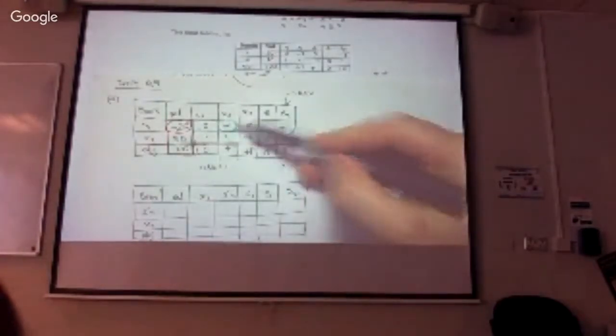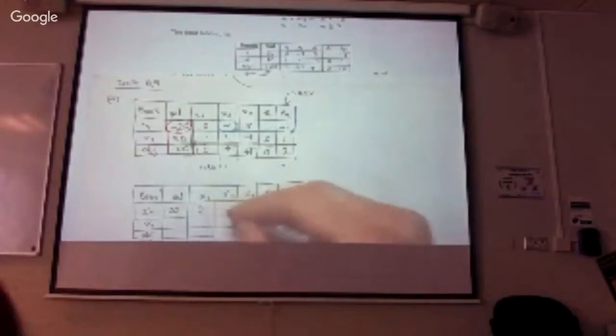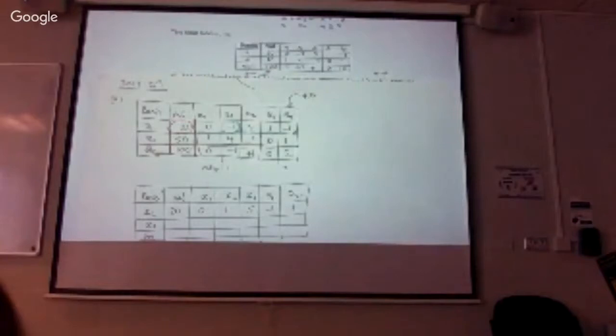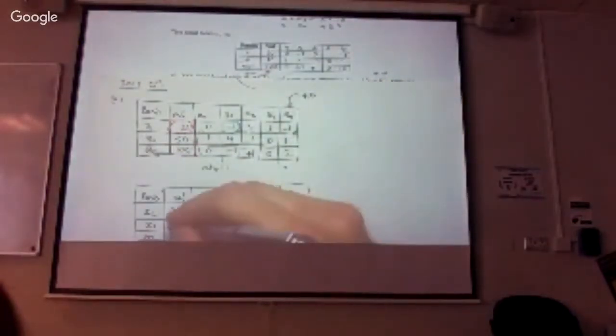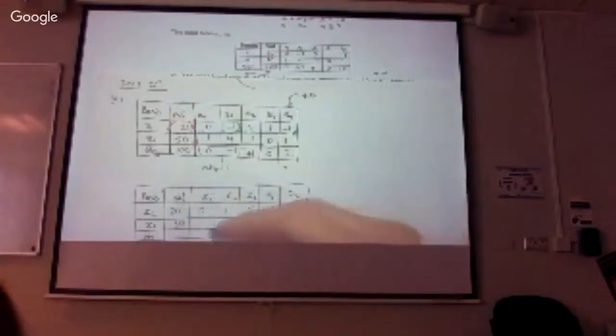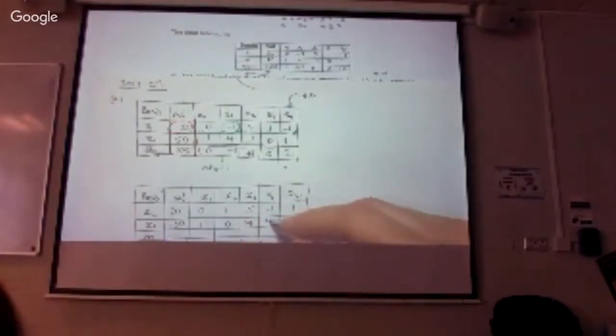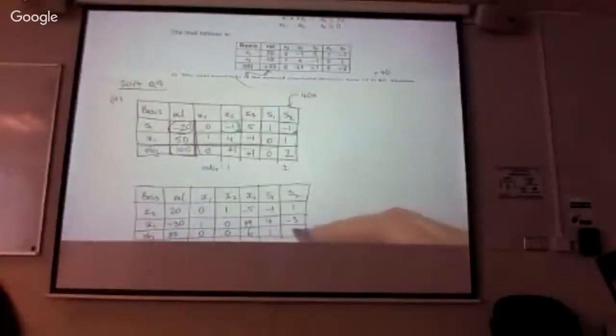Pivot element is -1, so this is just times by -1. Now, 4 times this row added to this row is -30, 1, 0, 19, -3, 80, 0, 6, 1, 1.